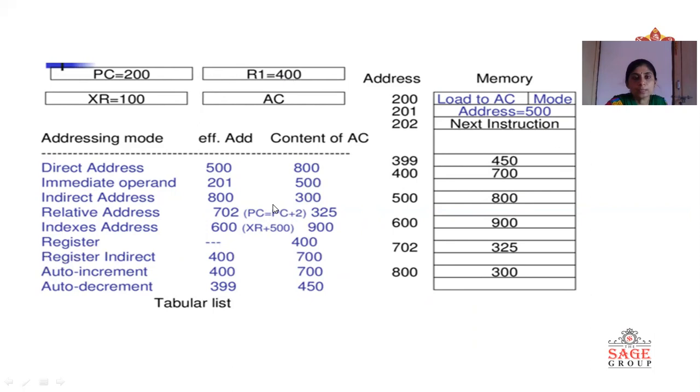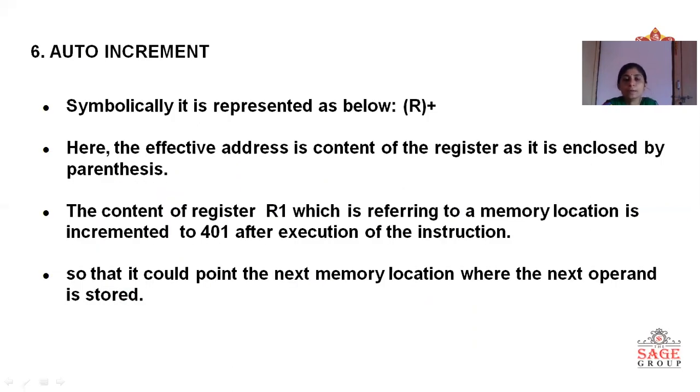The next case is auto increment. Symbolically it is represented as R plus in parenthesis, where the register holding the effective address is enclosed in the parenthesis. There are auto increment and auto decrement.